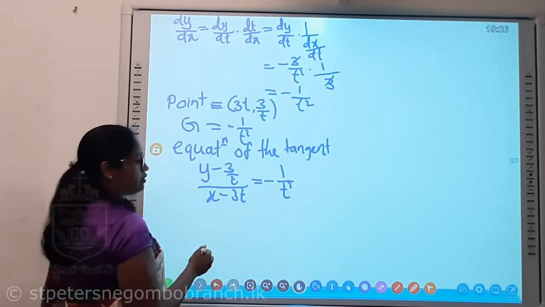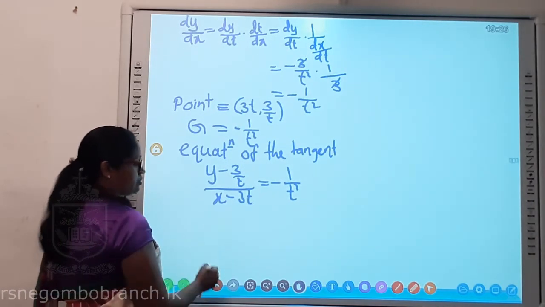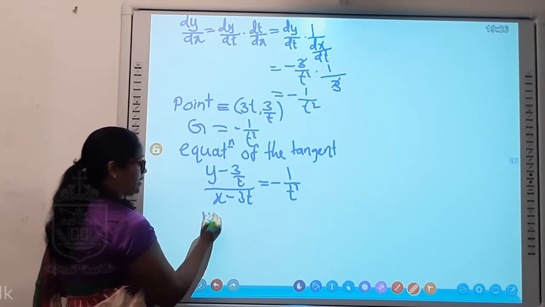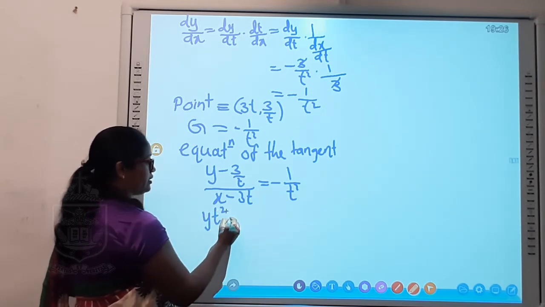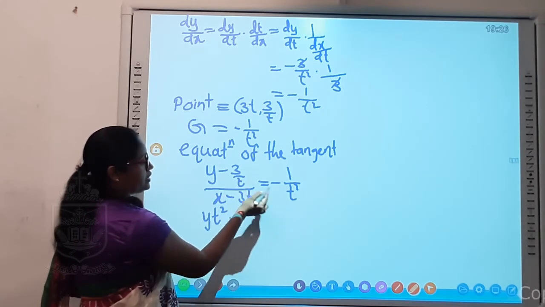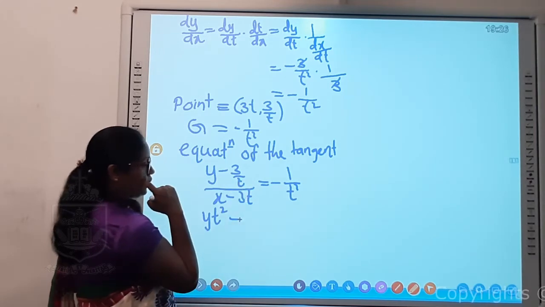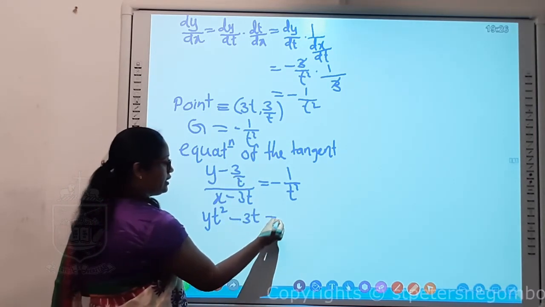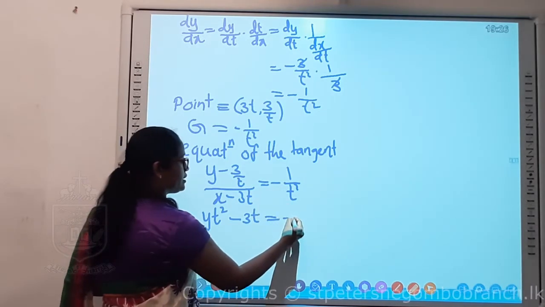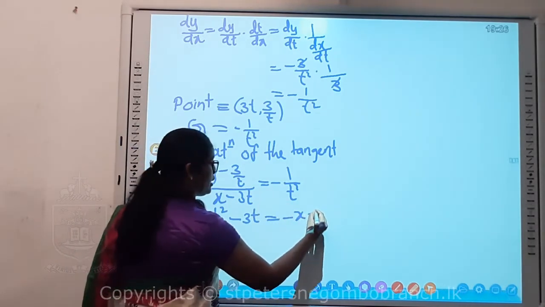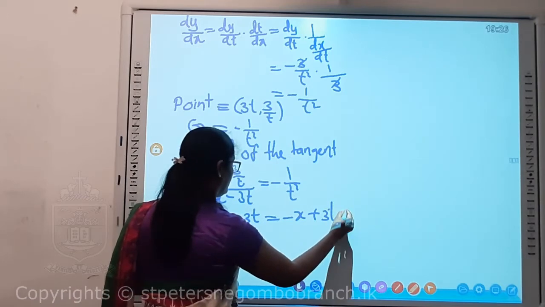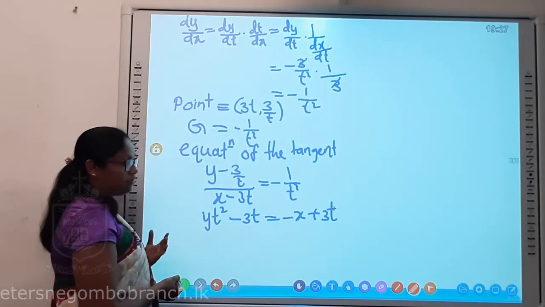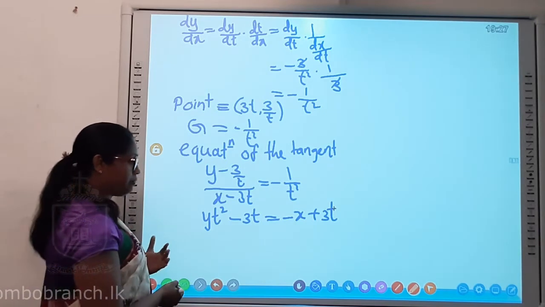I just apply the cross multiplication. So y t squared minus, if I simplify this, t will be cancelled, so the answer will be 3t, and then here minus x and then plus 3t. I just arrange this in the format of ax plus by plus c.